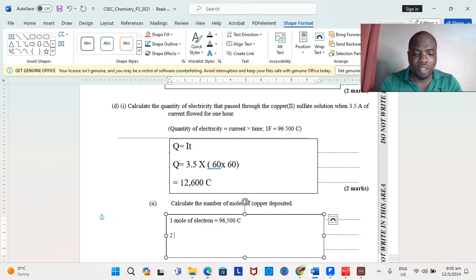So it's going to be 2 times the 96,500, which means in order for us to get 1 mole of copper, what is the charge that needs to be flowing through?